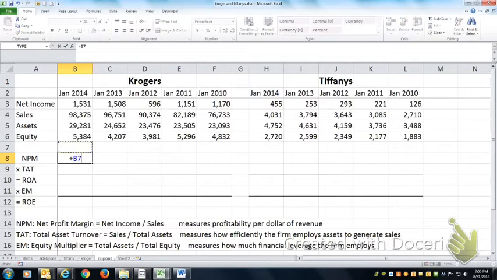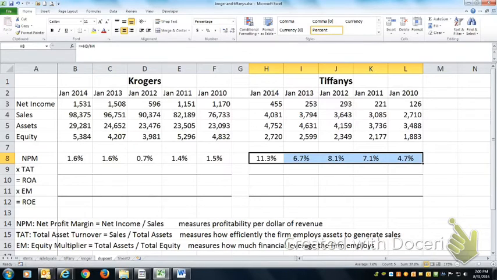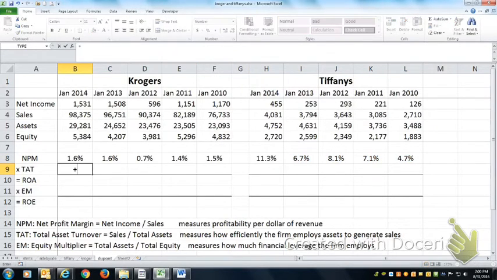The first one I'll do, net income per dollar of sales. And we get 1.6%. Copy that over. And we'll copy the same for Tiffany's. Notice Tiffany has a much higher net profit margin. Net income per dollar of sales is much higher. All right, let's look at the sales they generate per dollar of assets.